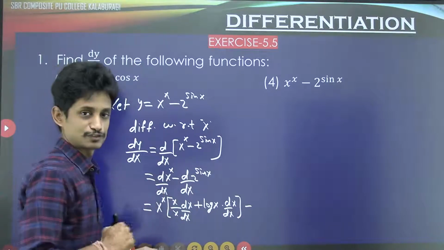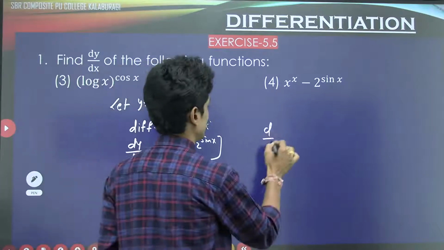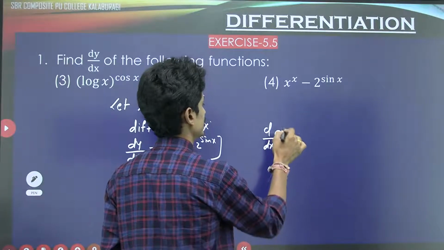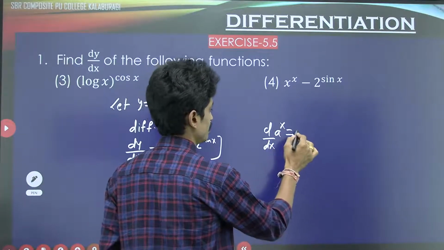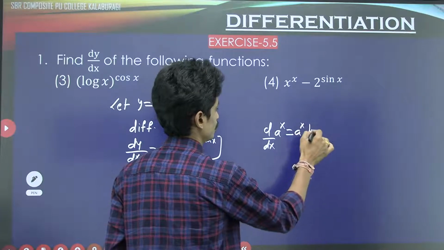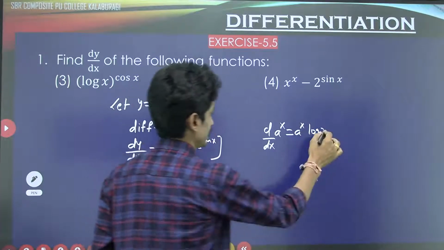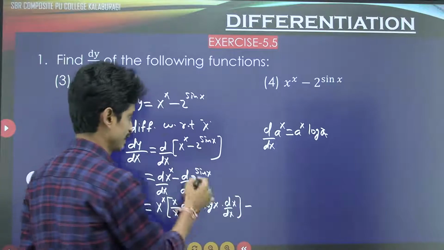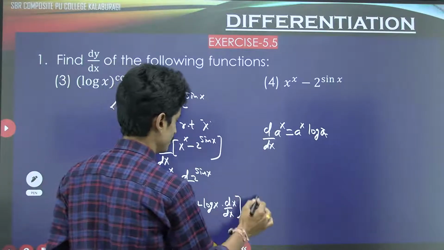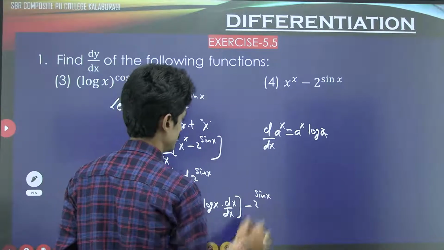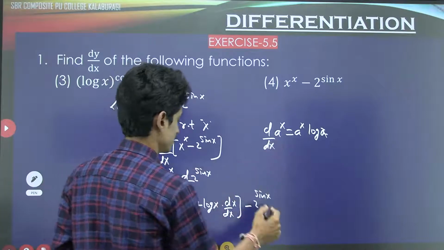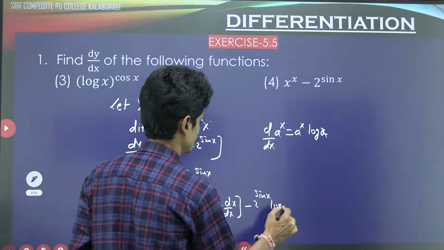For 2 power sin x, there is no need to apply this formula, because we have a direct formula: d divided by dx of a power x is a power x into log a. So we can write that here: 2 power sin x into log 2.